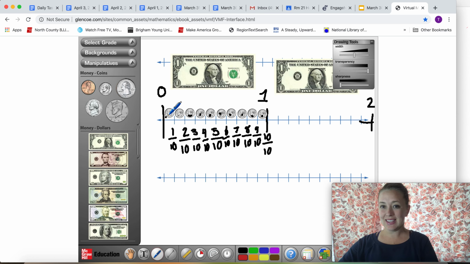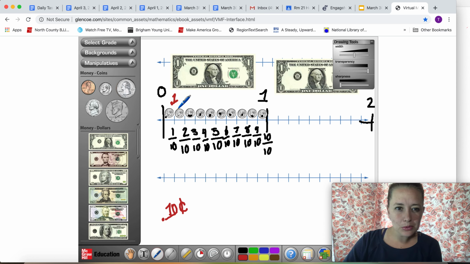Well, 1/10, think about how I would write a dollar. If something is worth 10 cents, you would see the little decimal point, and you would see 10 cents. So here we're going to use our decimal point, and it's the same thing. It's 1/10.